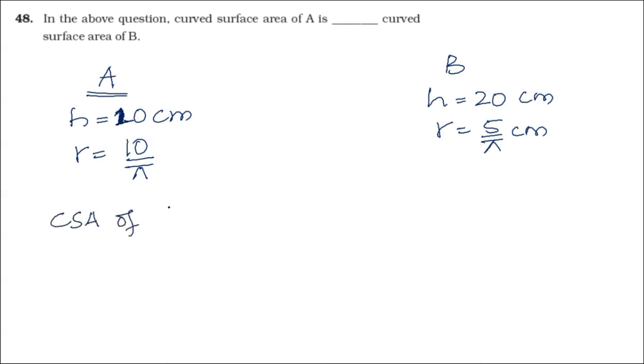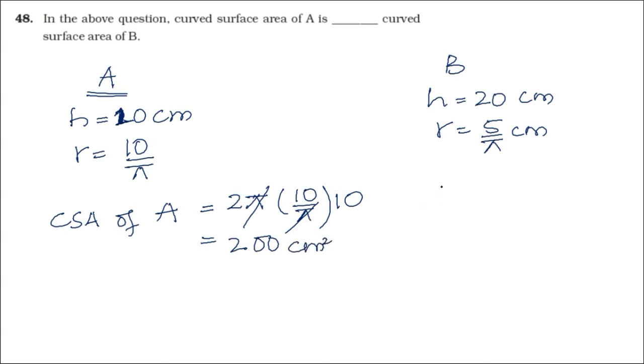So CSA of figure A, or cylinder A, is 2 pi r h. It's 2 pi multiplied by 10 by pi into height 10. When we calculate, it will be 200 centimeter square. For CSA of cylinder B, it is 2 pi multiplied by 5 by pi into height 20.